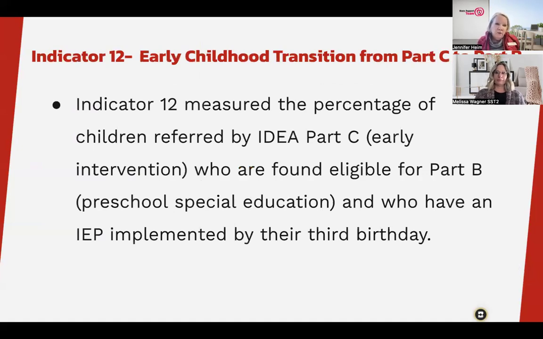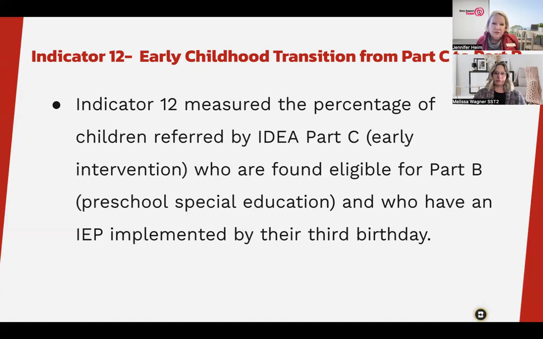I want to go through the compliance indicators and just give you an idea of what they're about. As I mentioned before, indicator 12 is all about early childhood transition from Part C, which is often referred to as early intervention, for students who are found eligible for Part B preschool special education.